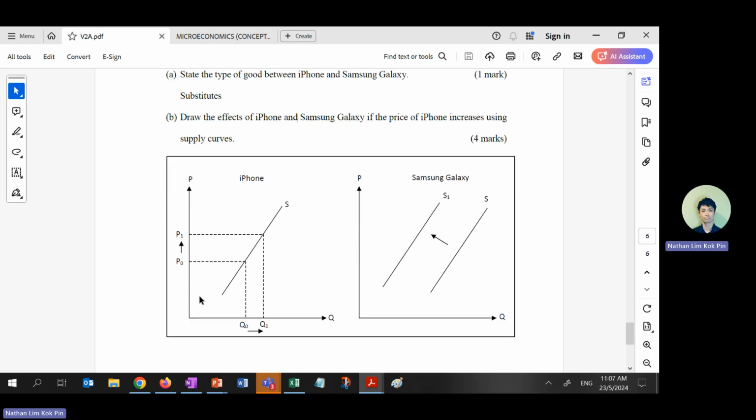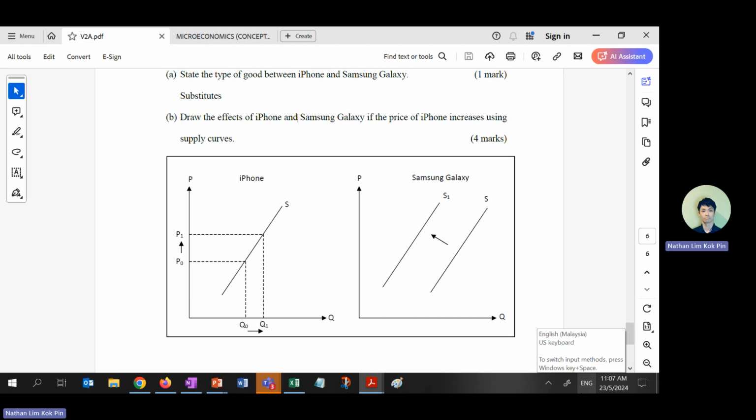And this one I asked supply curve. So when iPhone price goes up, think about a shop that's selling both iPhone and Samsung. Which one is more profitable? They sell more of that one. They will ask their sales promoters to sell that one. So the quantity supplied goes up for iPhone, but I don't want to sell Samsung Galaxy because I earn less profit, so supply will decrease. Don't think about switching; if they only sell iPhone, then no choice.